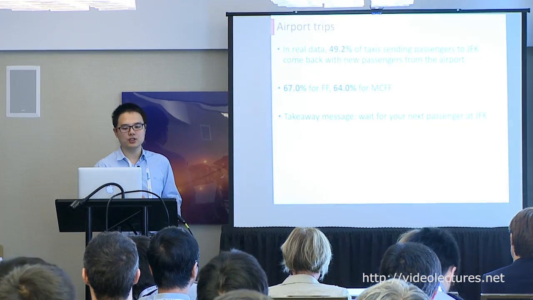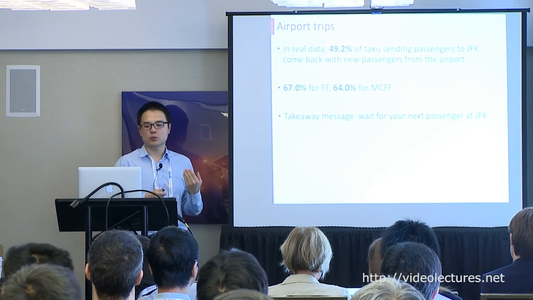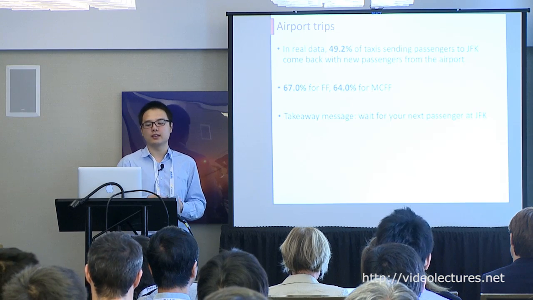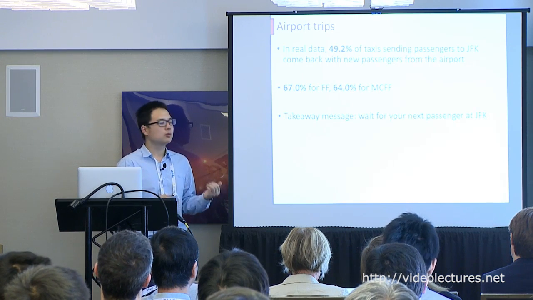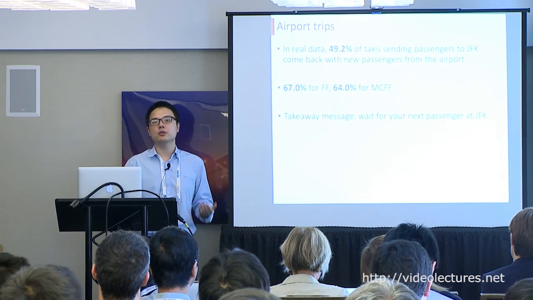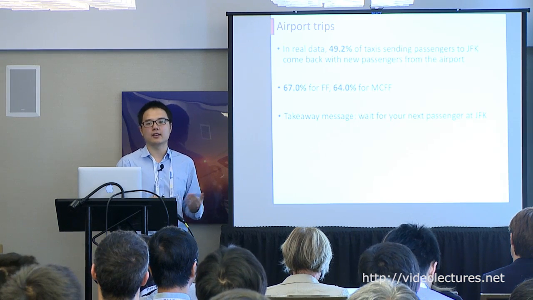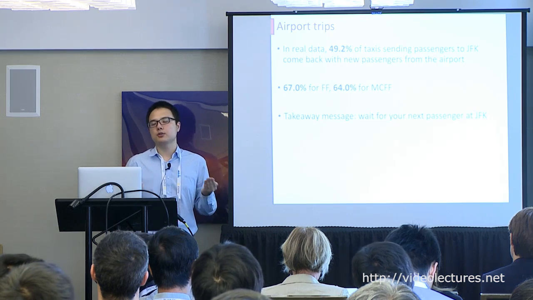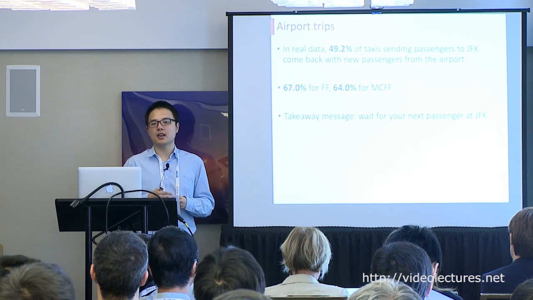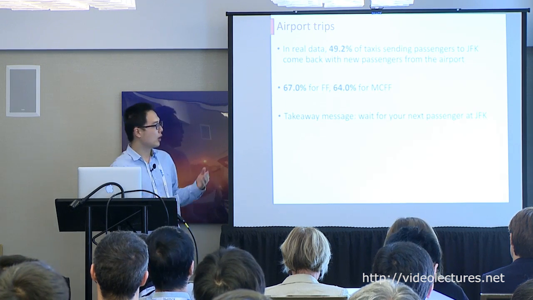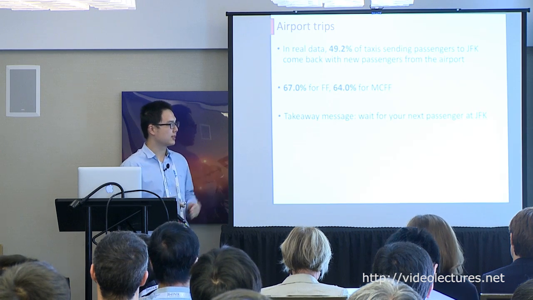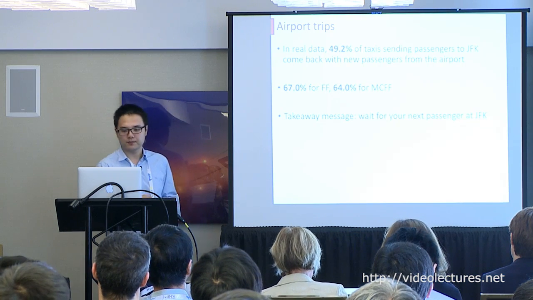The takeaway message is, drivers, you should wait for your next passenger more often at JFK. This conclusion is very interesting because we never told the models to let the drivers wait at the airport. By increasing the utilization and making the assignment more efficient, we automatically reach this assignment and this property.